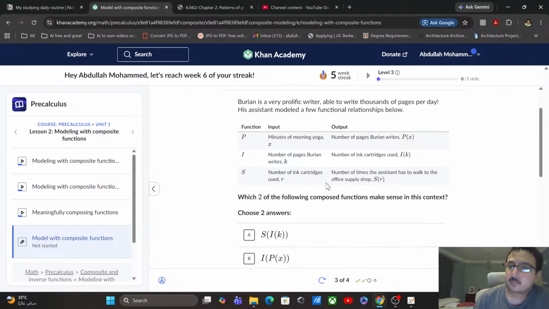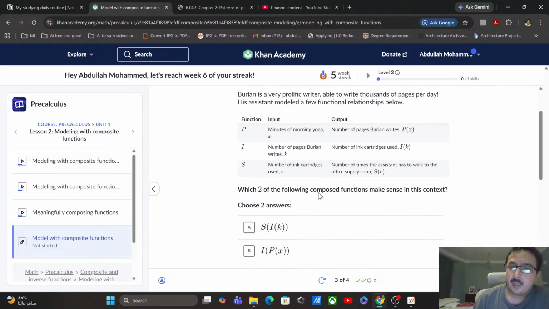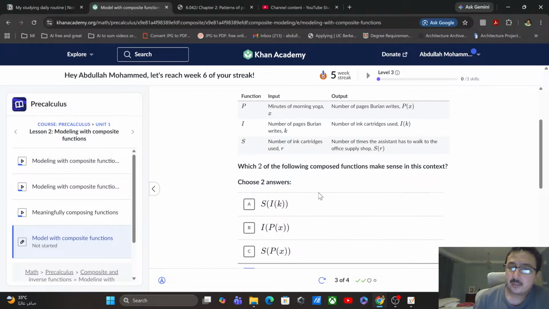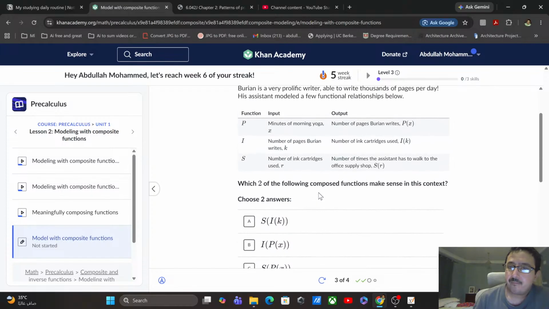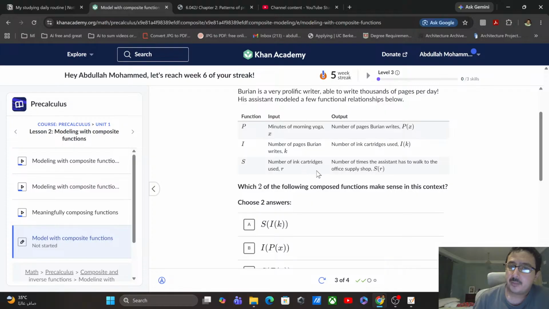S P X, number of cartridges, number of pages. S P X, no, because this, okay, this will give number of pages inside it, and this needs number of cartridges.